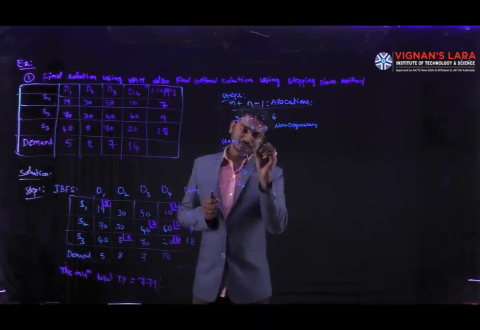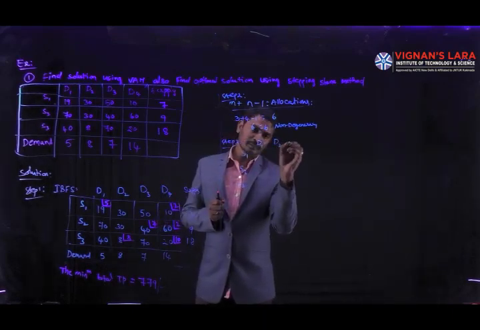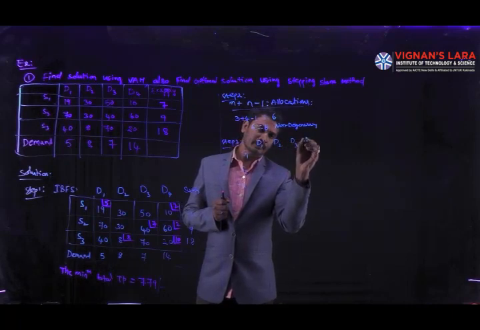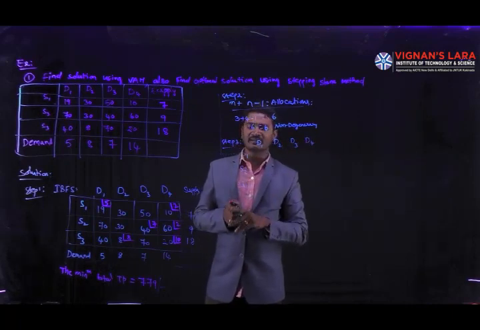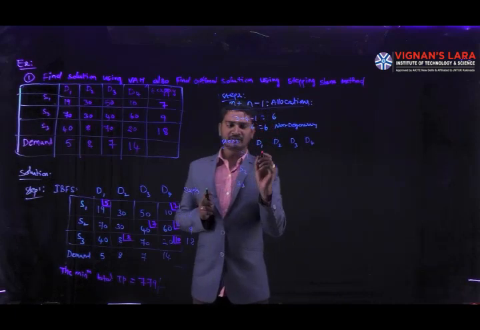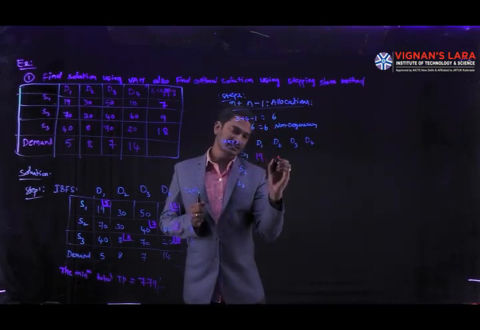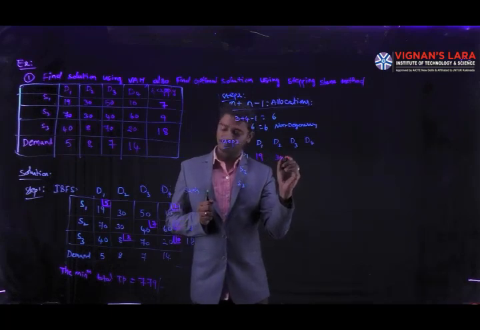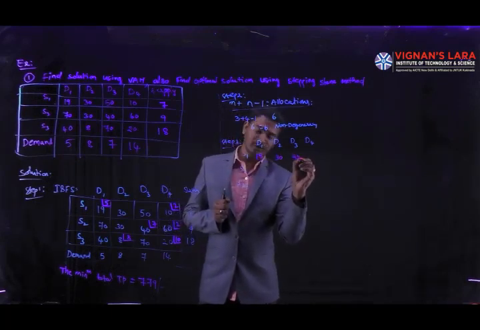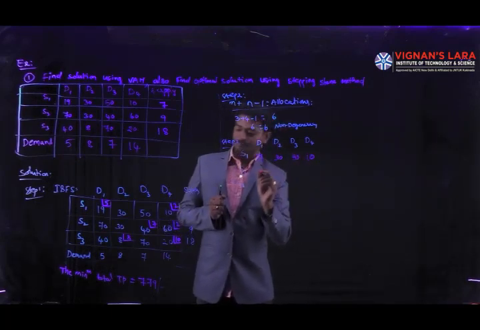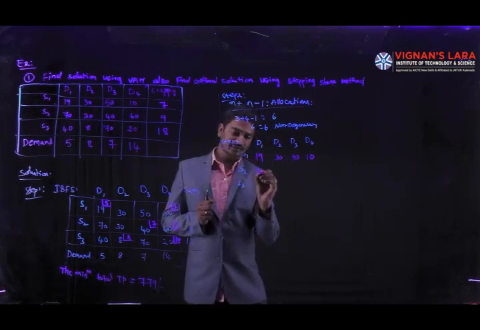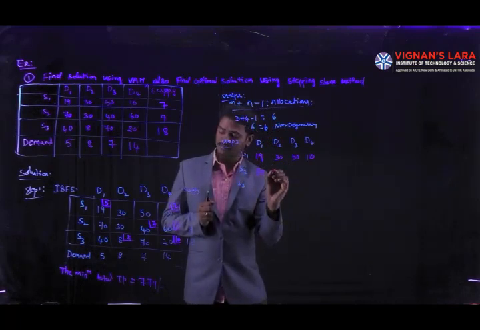Here we give positive and negative signs for each point. Now I am going to draw the loop for the unoccupied cells.